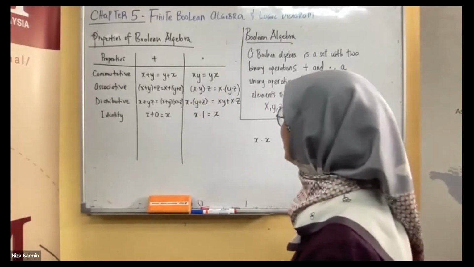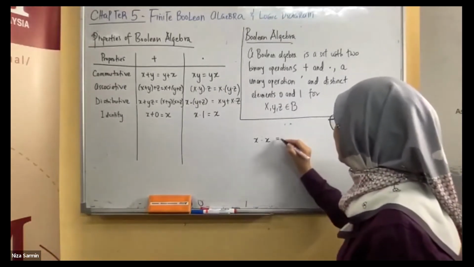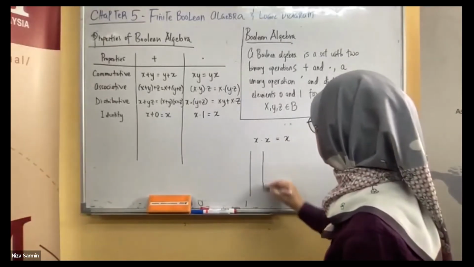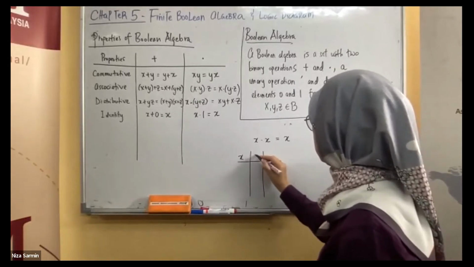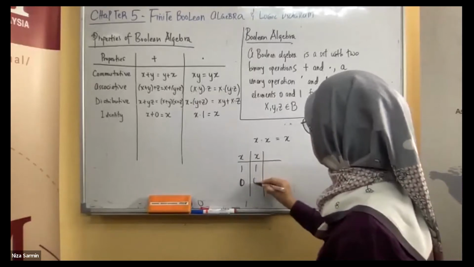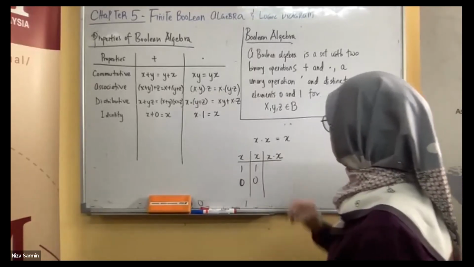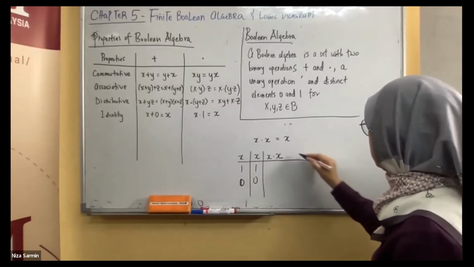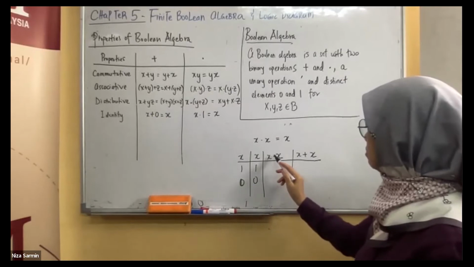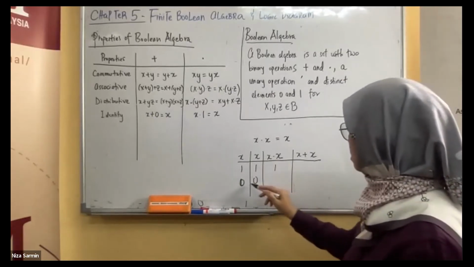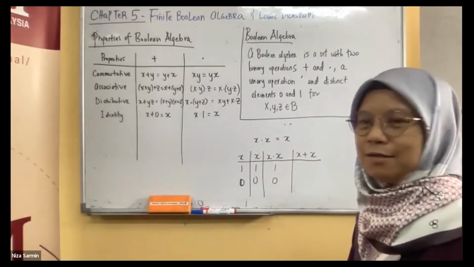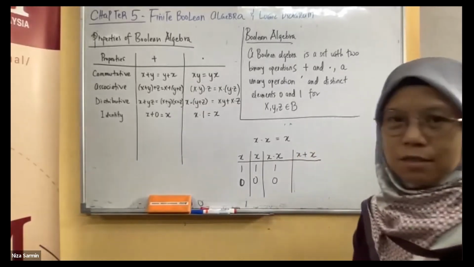What is x times x? Because x times x, 1 times 1 is 1, 0 times 0 is 0, which is actually x. So x times x is x.